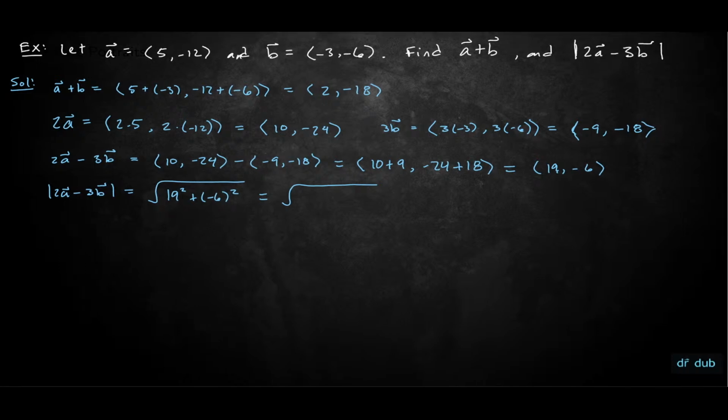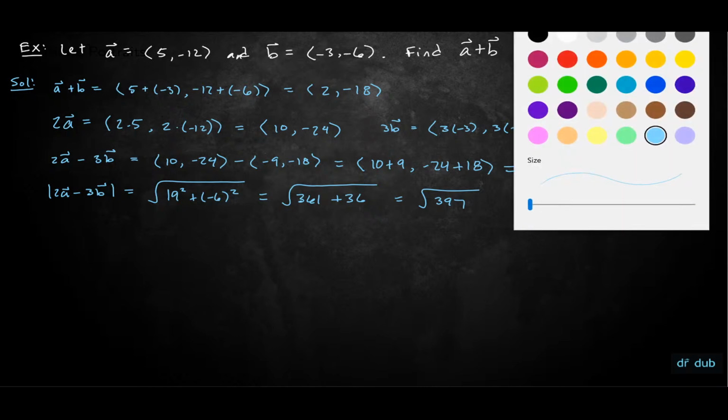Let's see. 361 plus 36. So that's going to be square root of 397. And that is our answer.